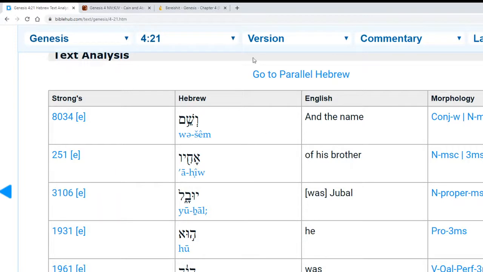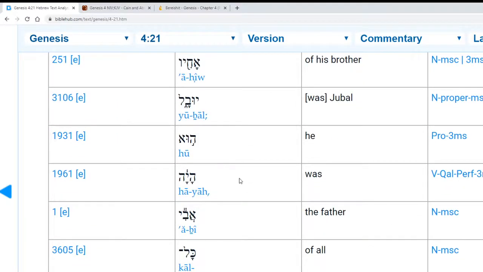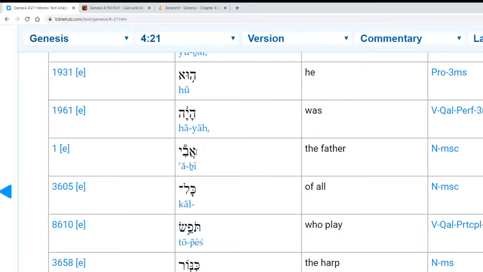So, and the name of his brother was Yuval, right? Haya, he was, right? Avi kol tofes, the father, right? We said before it's in the construct form, the father of, right?